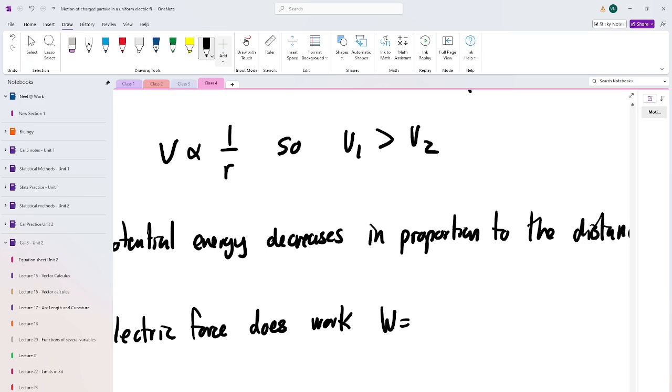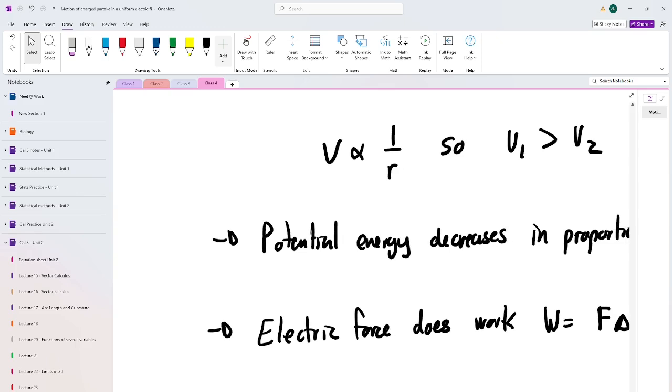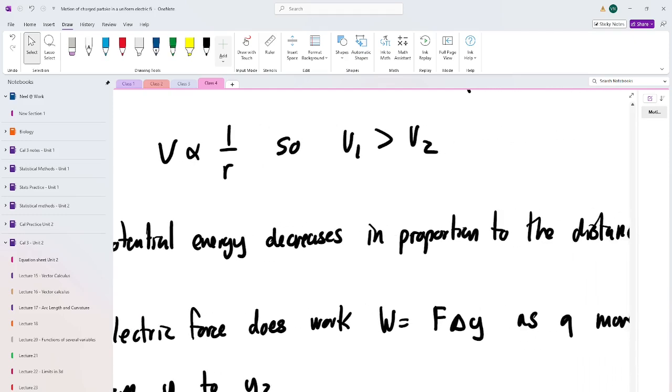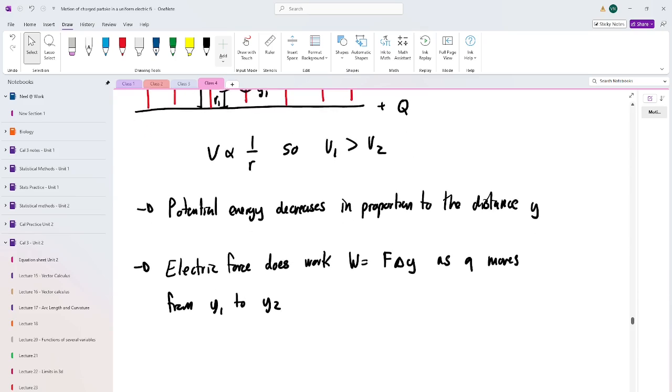W equals F delta Y as Q moves from Y1 to Y2.